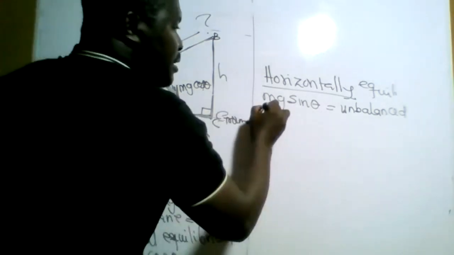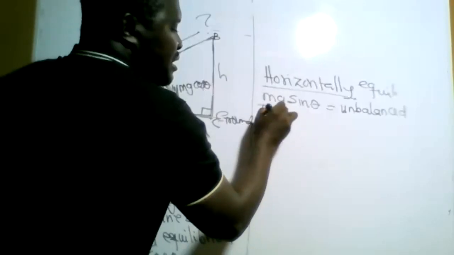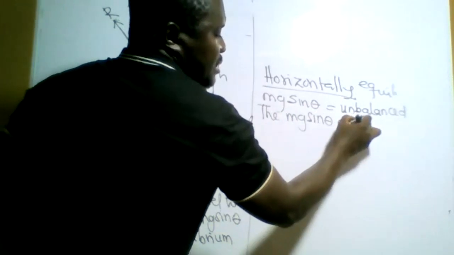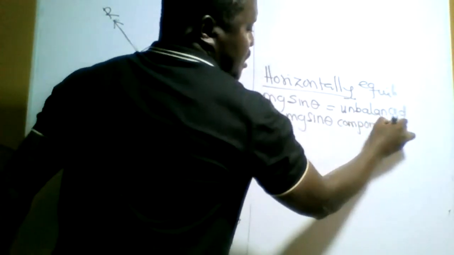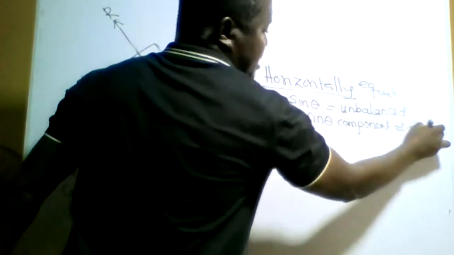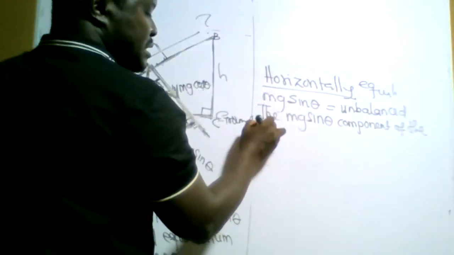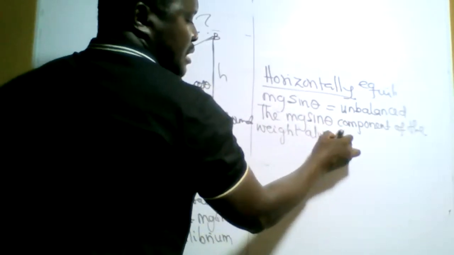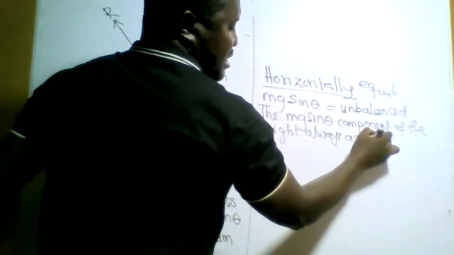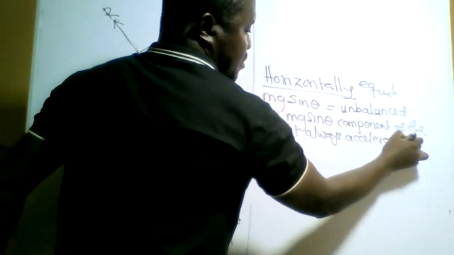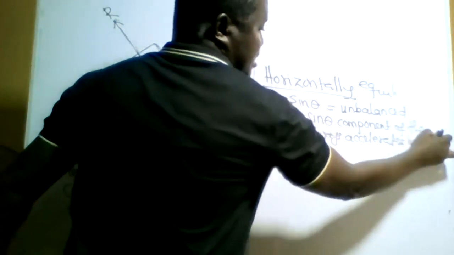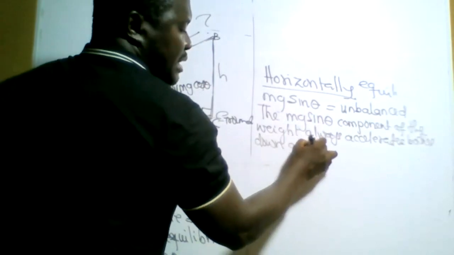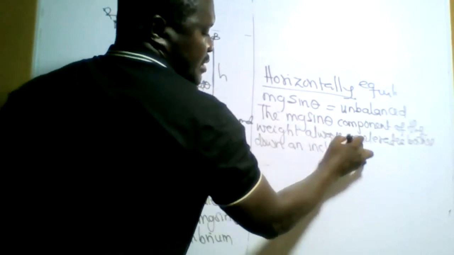So the mg sine theta component of the weight always accelerates bodies down an inclined plane.